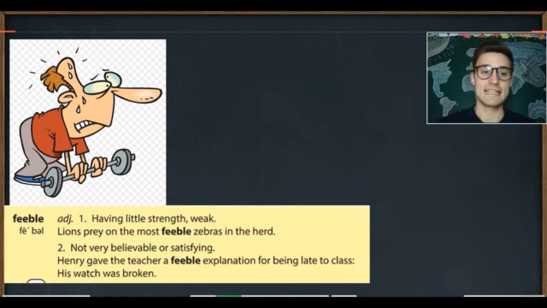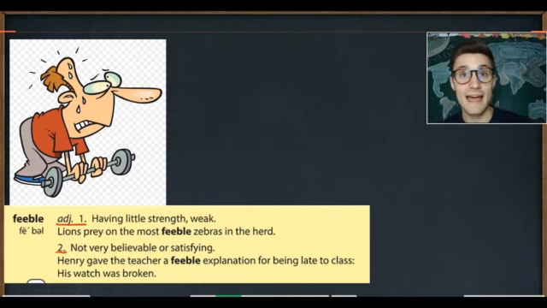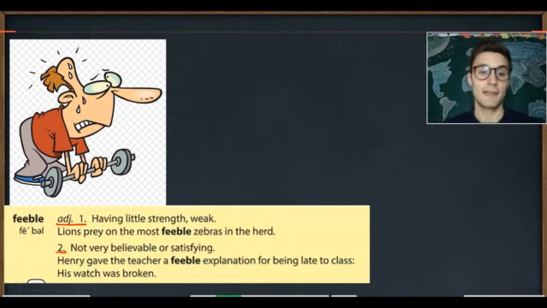Feeble. Next is feeble. We can see that feeble has two adjective meanings. Remember that adjectives tell you more about the noun. So the first adjective meaning means having little strength, or weak. Lions prey on the most feeble zebras in the herd. So lions hunt the weak zebras, the feeble zebras.